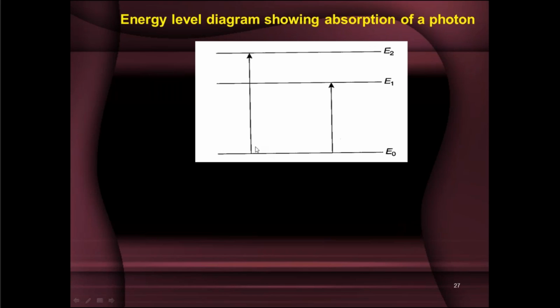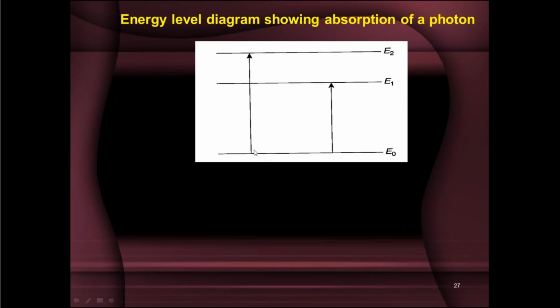Similarly, another electron from the same molecule can be exposed to a photon having energy E2 minus E0. This photon has more energy than the one having energy equal to E1 minus E0. This photon also can be absorbed by the electrons from the same molecule, because there is one more energy state in this molecule, E2.